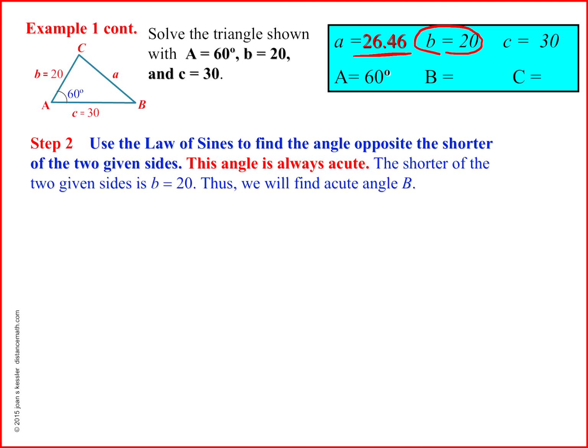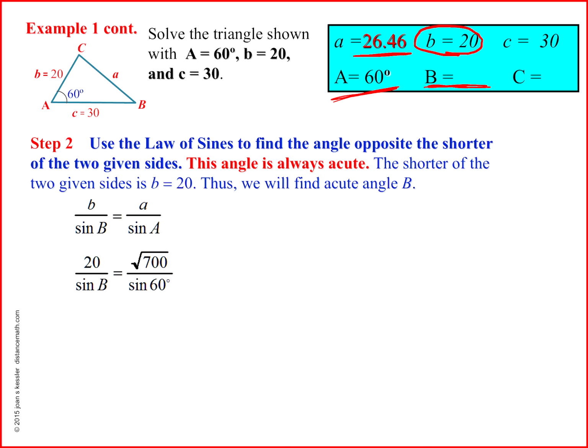That means we're going to find angle B using the law of sines. So remember our law of sines: b over sine B equals a over sine A, because a and A are what I know both of. Plugging those in, 20 over sine B equals square root of 700 over sine 60. If you plugged in 26.46, that's going to be fine. You might change by a few little decimal places, but not enough to make a difference.